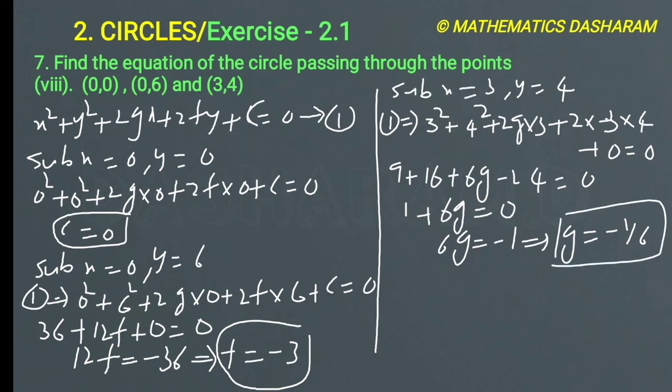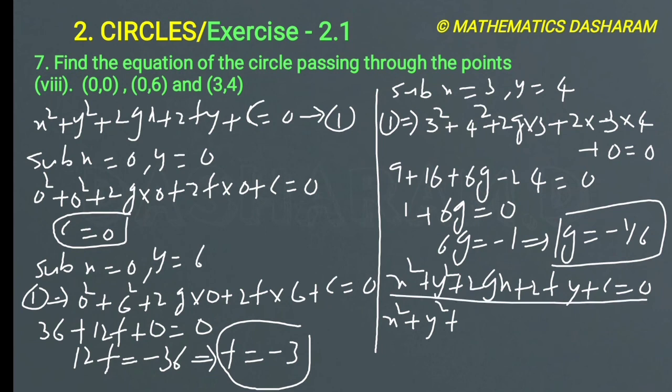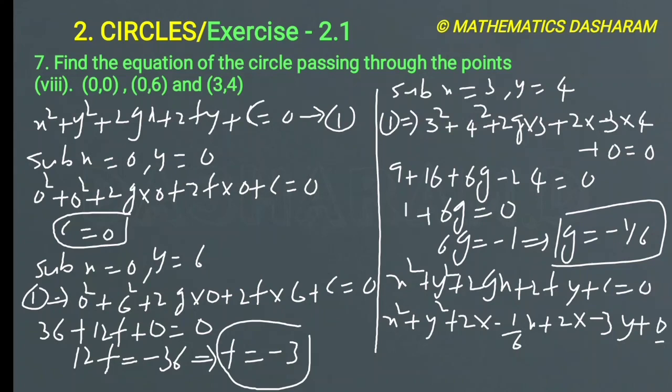Now substitute f, g and c values in equation 1. So here is equation 1. x square plus y square plus 2 into g value, which is minus 1 by 6, x, plus 2 into f value, which is minus 3, y, and c value is 0, equals 0. So then x square plus y square, here 2 1s are 2, 3s are 6, so minus x by 3, plus 2 into minus 3 is minus 6y equals 0.